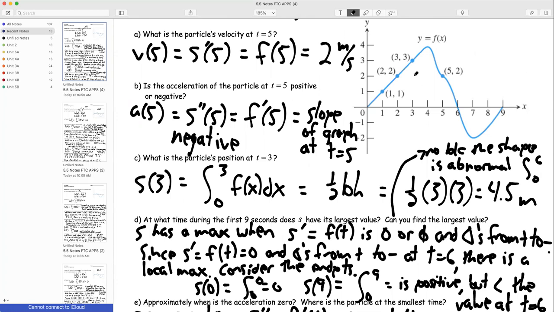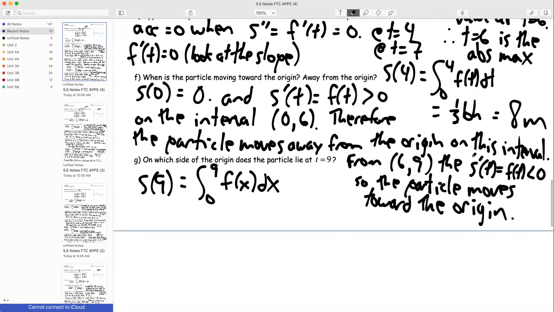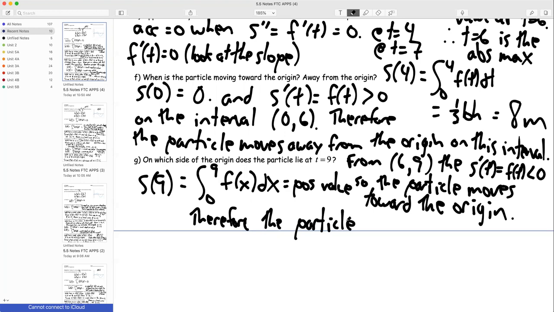The net area is positive. This area here is greater than this area here. So this has a positive value. Therefore, the particle lies on the positive side of the origin.